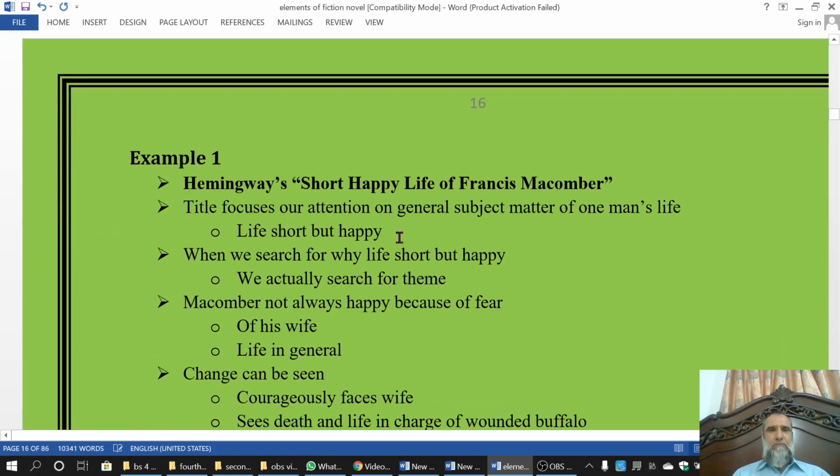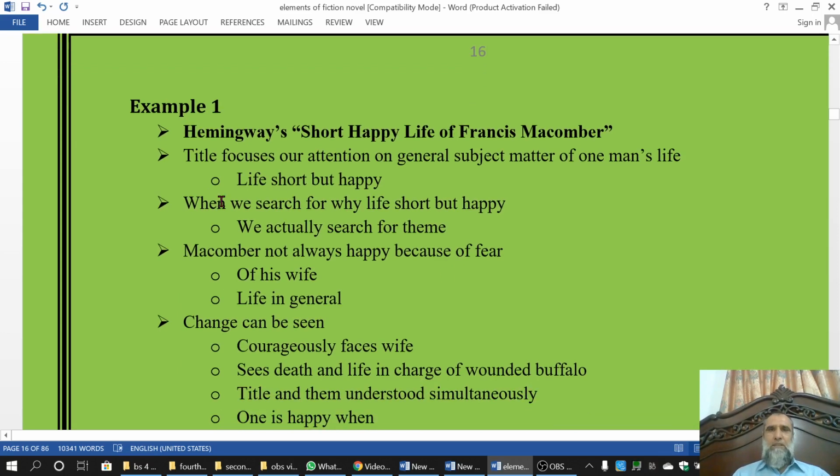For example, we again take the example of The Short Happy Life of Francis Macomber by Hemingway. The title actually focuses our attention on the general subject matter of one man's life. This one man's life is focused, but this life, he says, is short and this is happy.